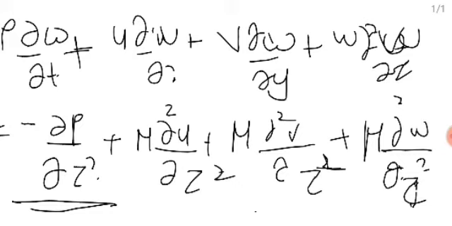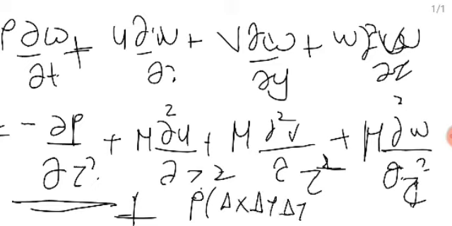We have to consider gravity too. So plus ρg is also there. Rho g is also there, that is how it came. I will say that gravity force is density times volume, which is ρ Δx Δy Δz, times g is the force.